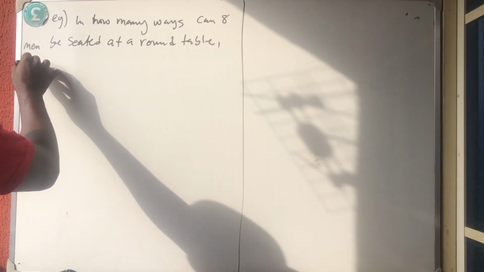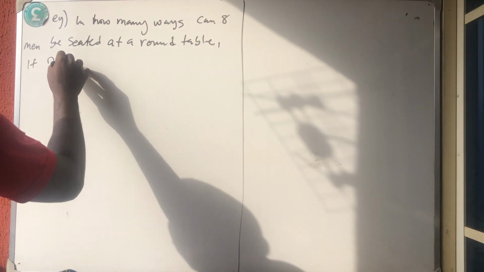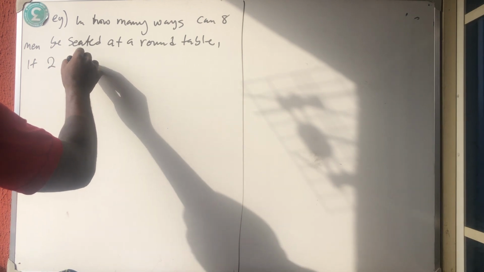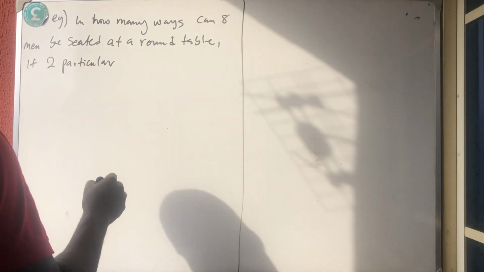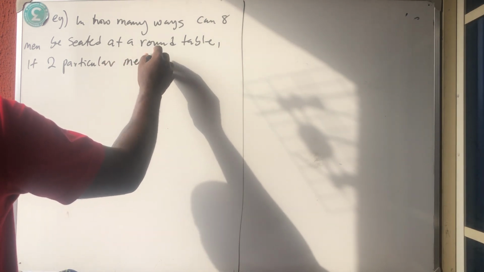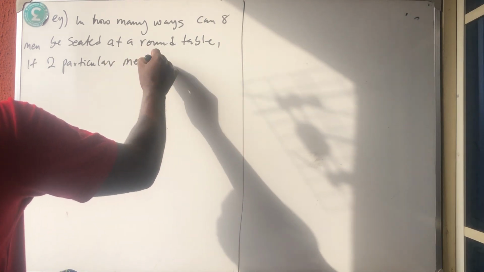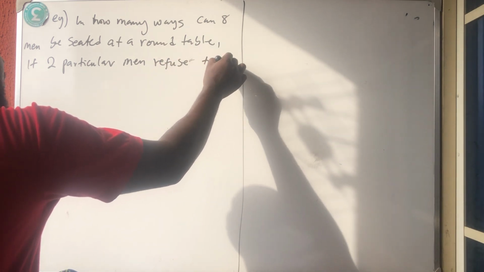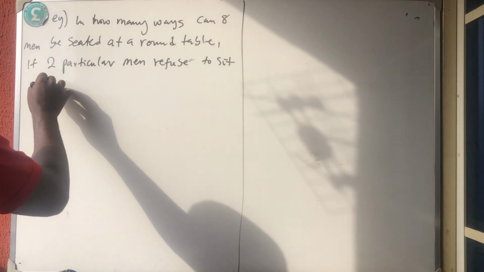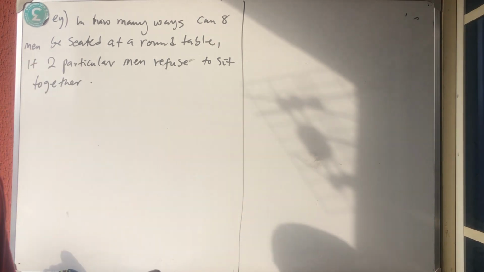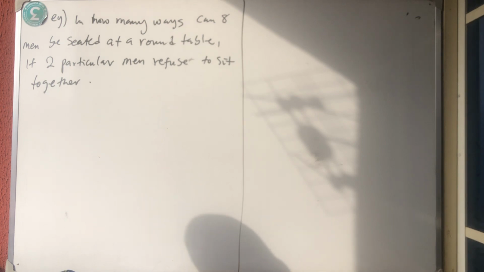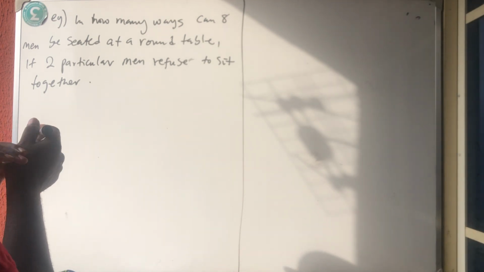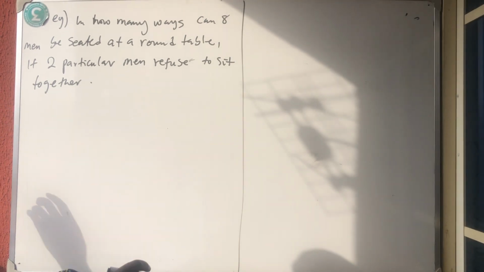They say if two particular men refuse to sit together, there's a restriction here. Okay. Now don't forget that two men refuse to sit together. Two men refuse to sit together.